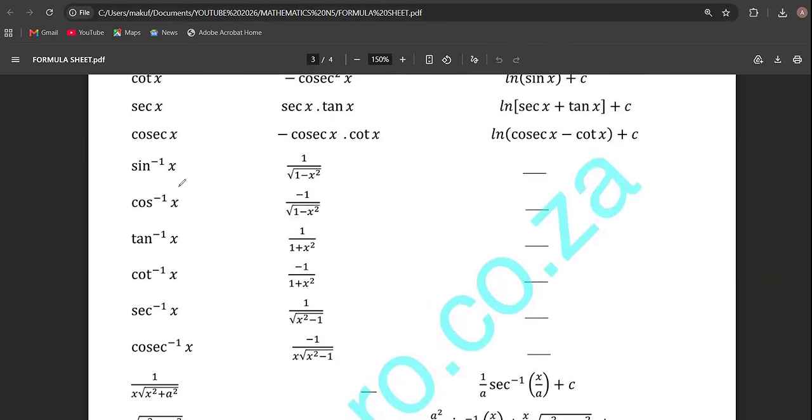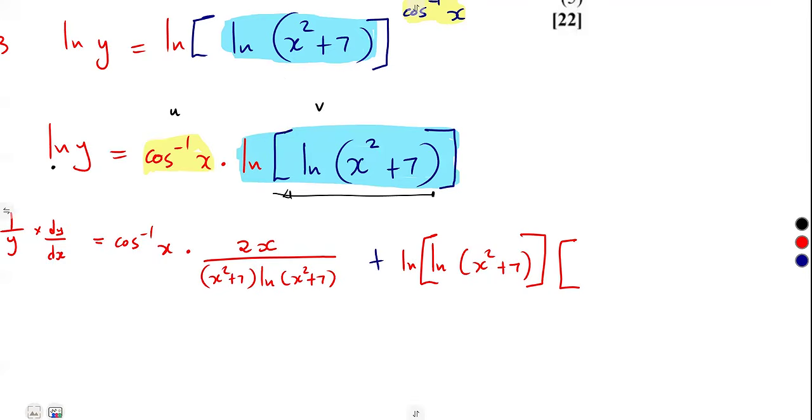We are dealing with arc cos in this question, so we simply take that derivative, which is given as negative 1 over the square root of 1 minus x squared.